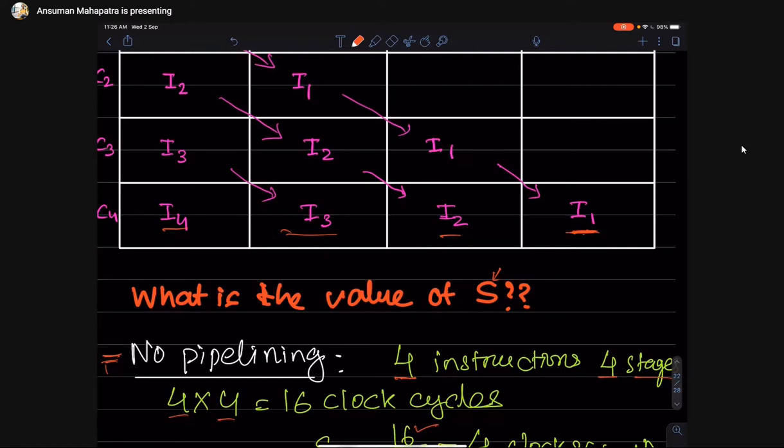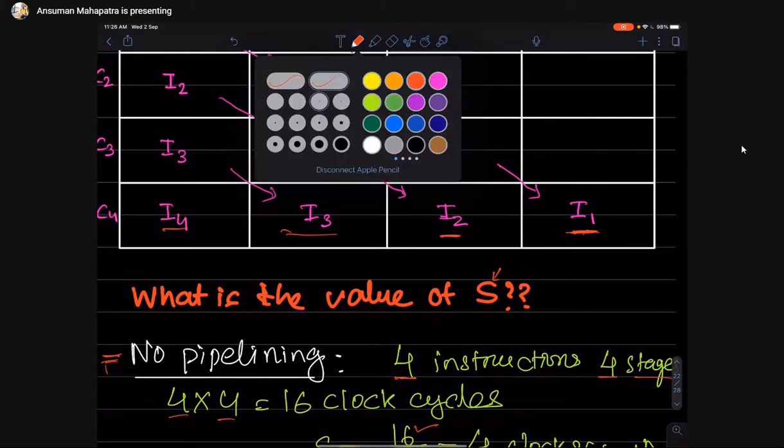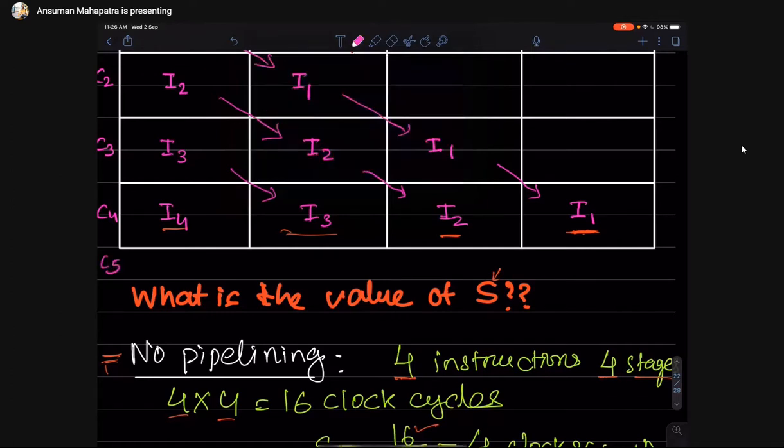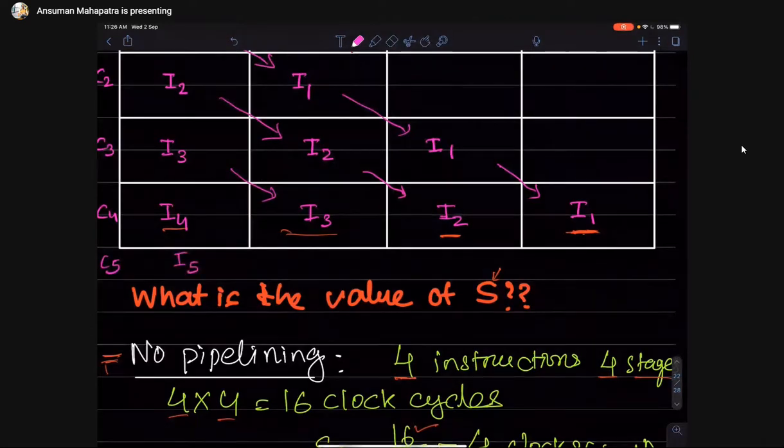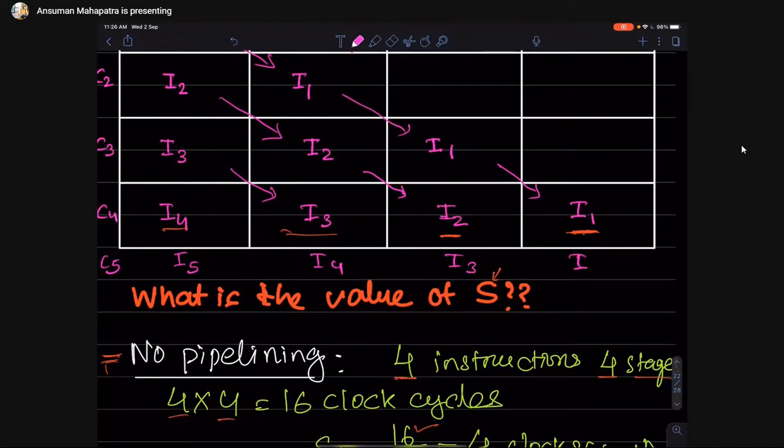The second instruction is just behind it. So in C5, clock cycle 5, here it will be I5, here it will be I4, here it will be I3, here it will be I2, and I1 will leave the pipeline.